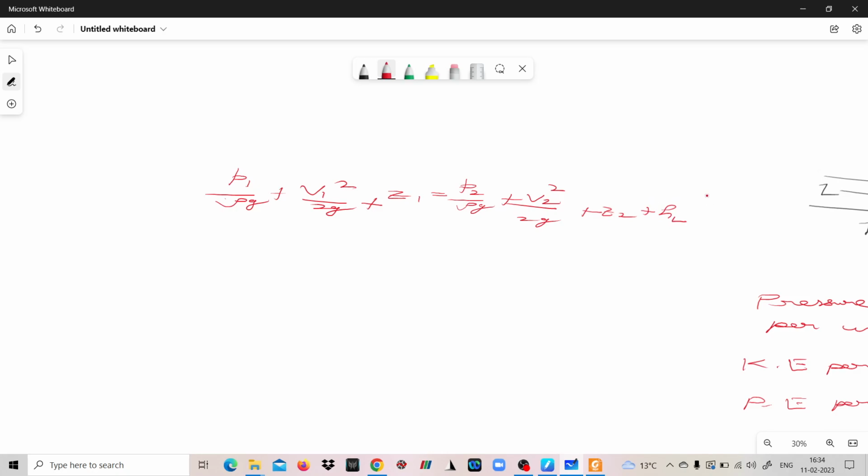Now, what is head loss? Whenever flow is taking place between two sections, say from section 1 to section 2, in between there is some loss of energy.